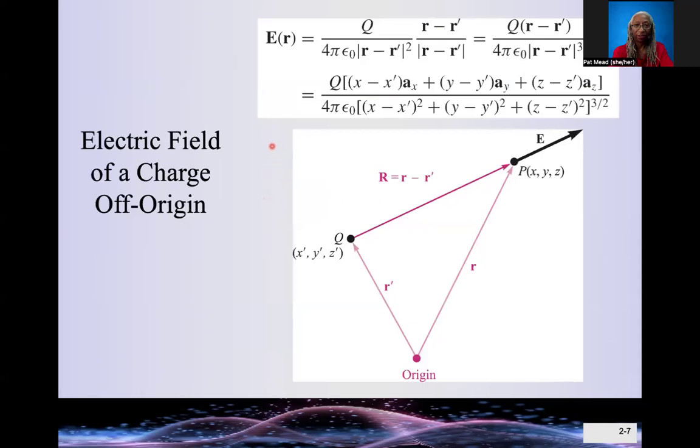All right, so I think we already talked about this in the sense that you have a charged material, a point charge is what we're starting off with, located at some position in space. That position in space is x prime, y prime, z prime.